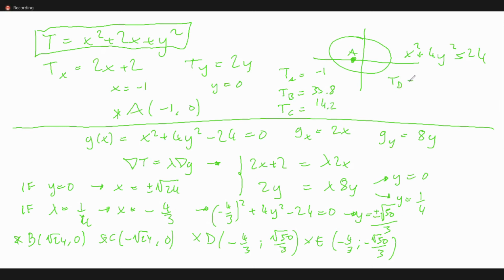The temperature at point D is 4.7. And the temperature at point E is 4.7. So comparing all these values, we see that A corresponds to the minimum temperature, while B gives us the maximum temperature.